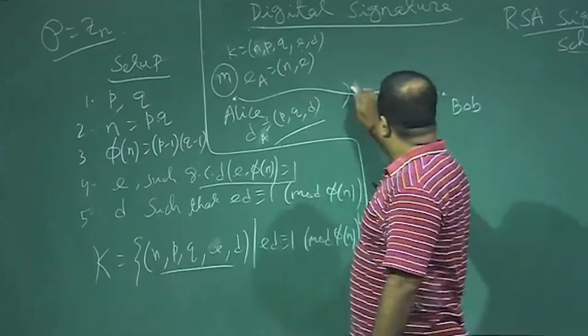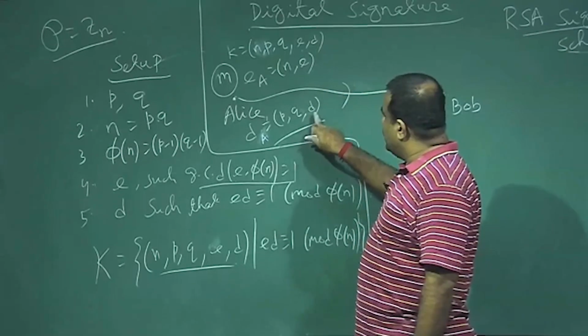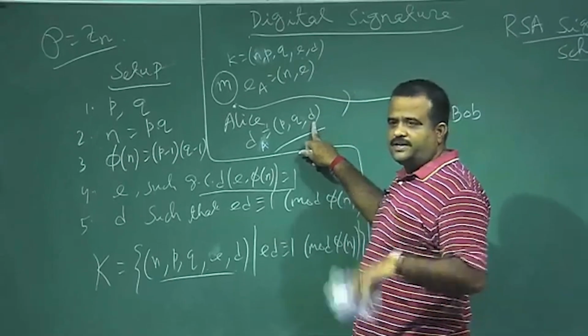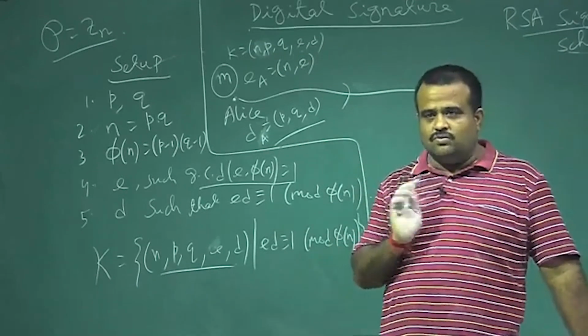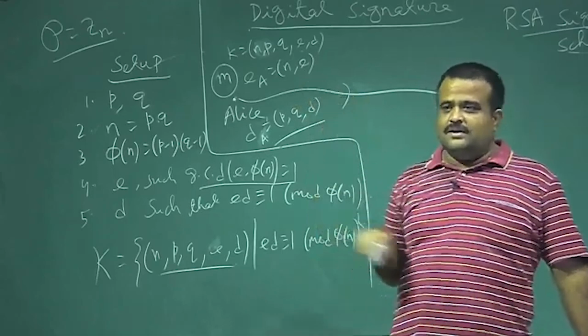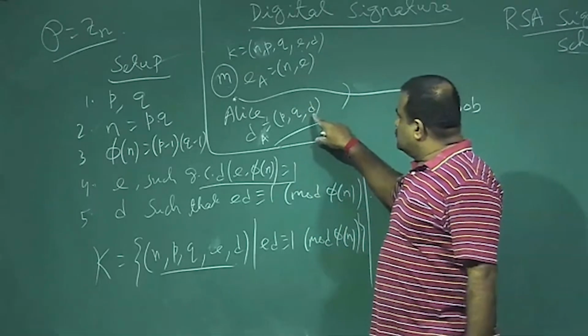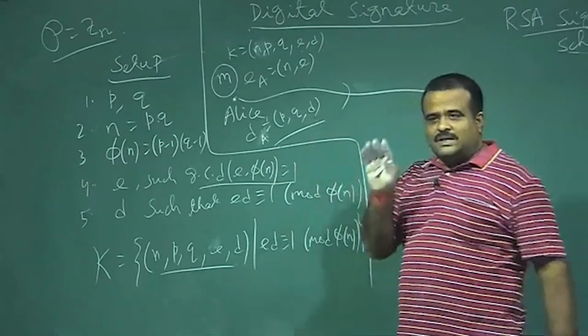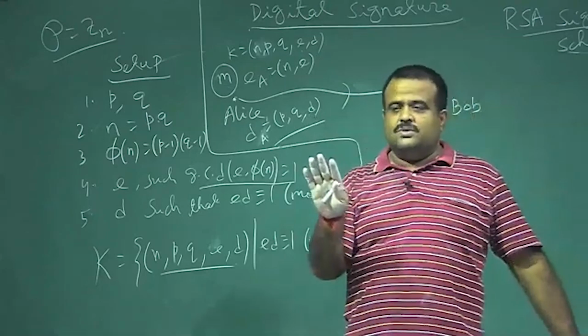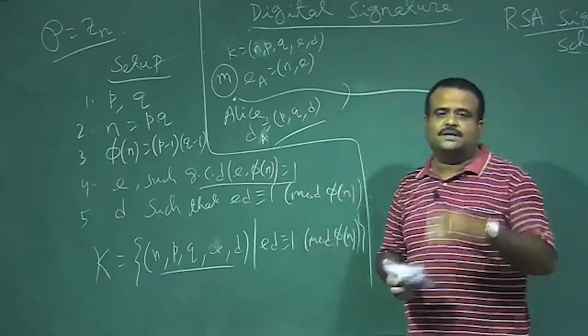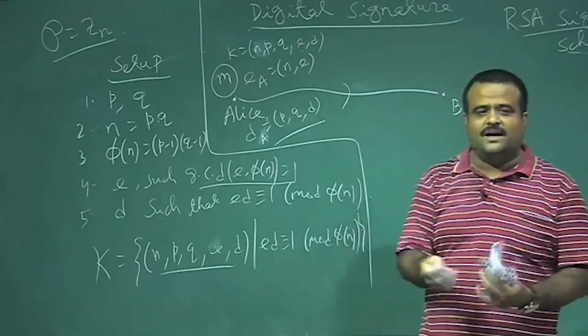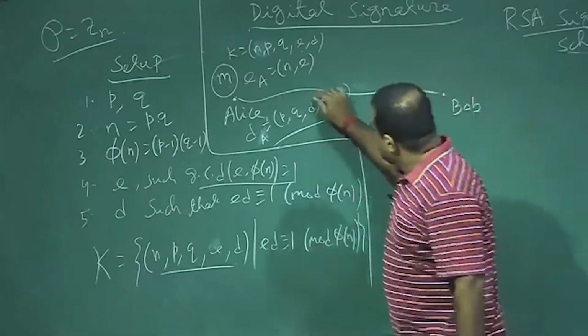Alice will do the RSA encryption using the Alice secret key, that is secret to Alice, so that only Alice can do the digital signature. The signature can be done only by that person. So we have to use something which is typically secret to that person, and that is the secret key.